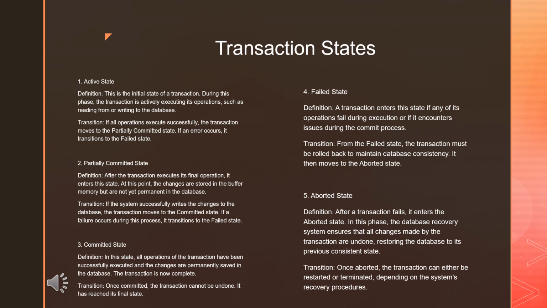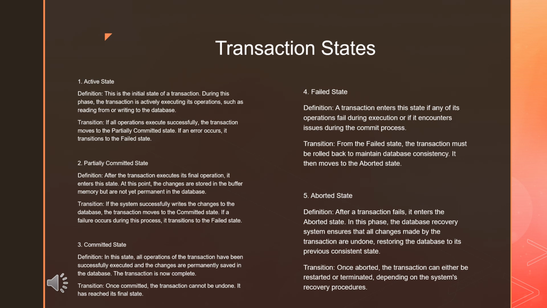Transition: if the system successfully writes the changes to the database, the transaction moves to the committed state. If a failure occurs during this process, it moves to the failed state.